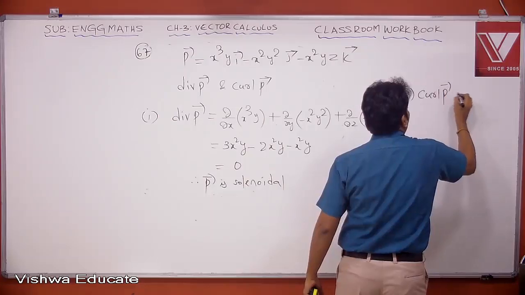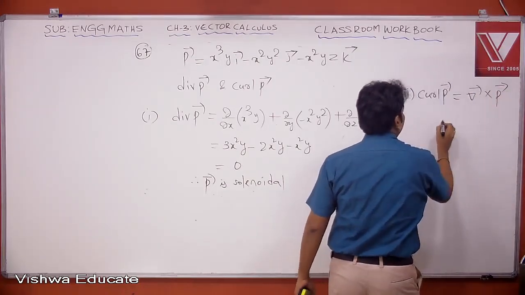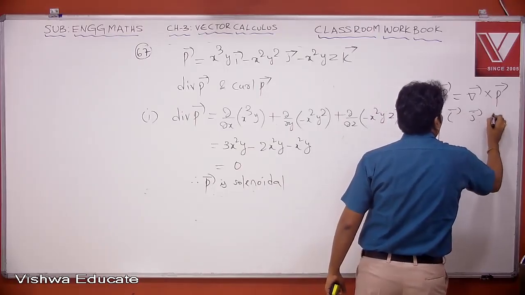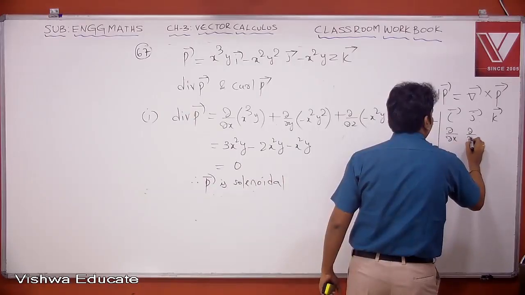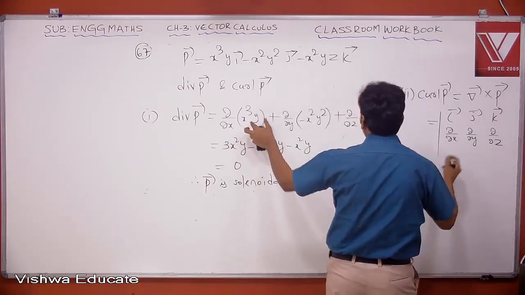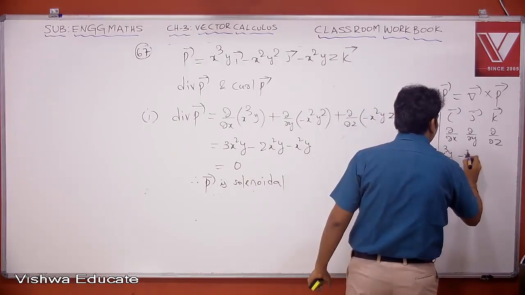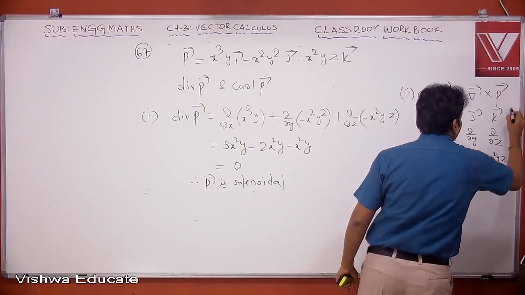Now let us find curl of this vector. Curl p bar equal to del bar cross p bar. So therefore this is del bar, this is i bar, j bar, k bar, dou by dou x, dou by dou y, dou by dou z. p bar components are x cube y, next component minus x square y square, next component minus x square yz.